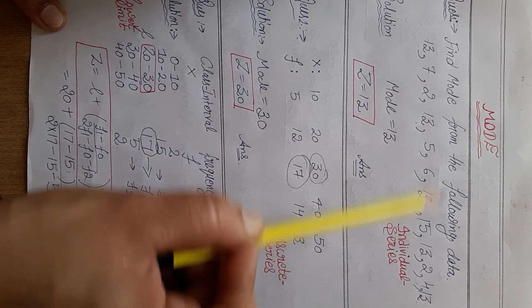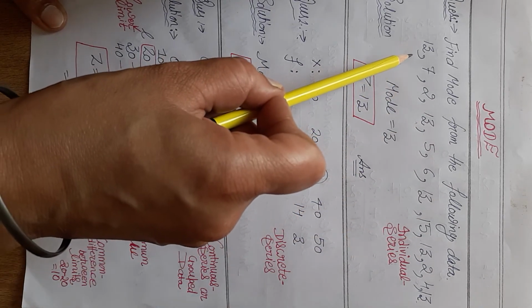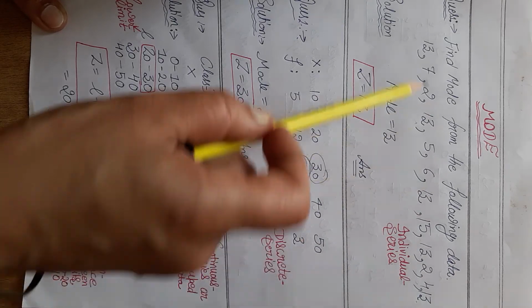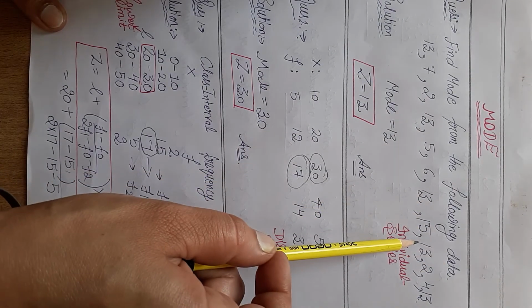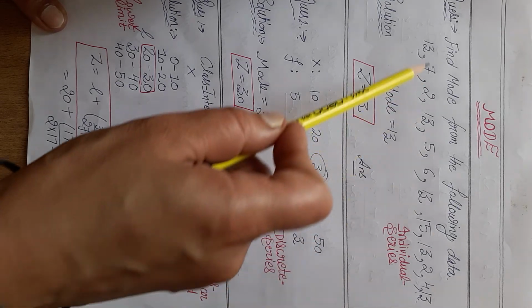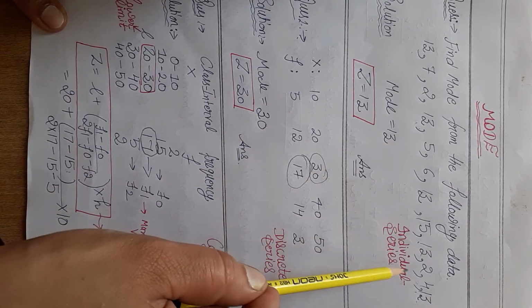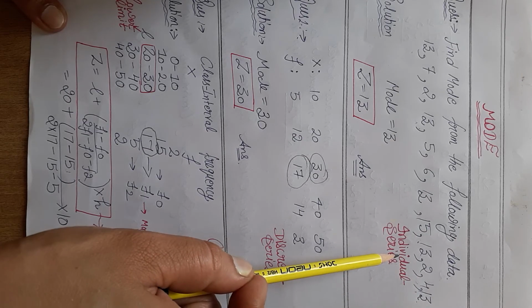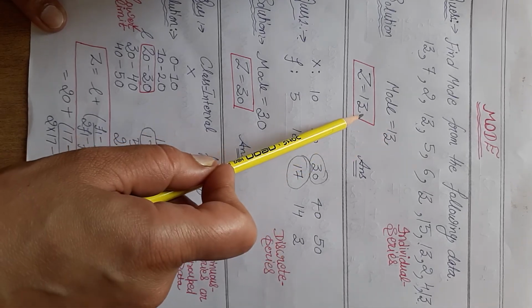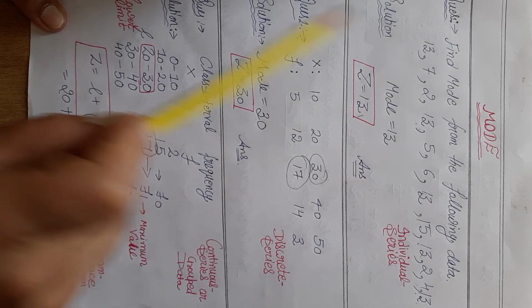You can see 13 is repeated 5 times, 1, 2, 3, 4, 5. So we take this number as our mode.